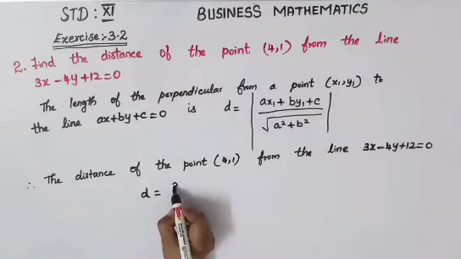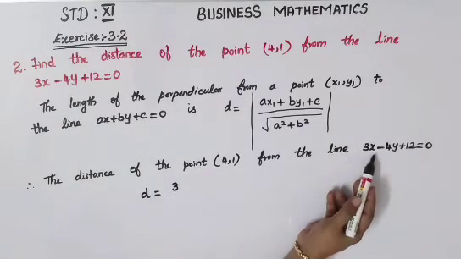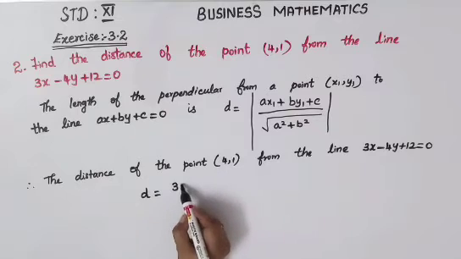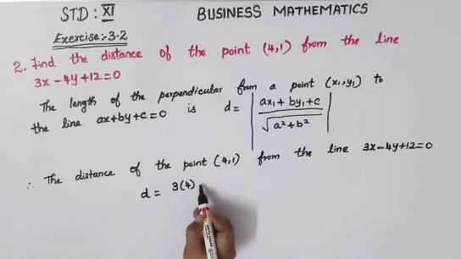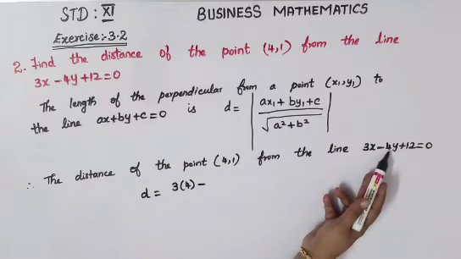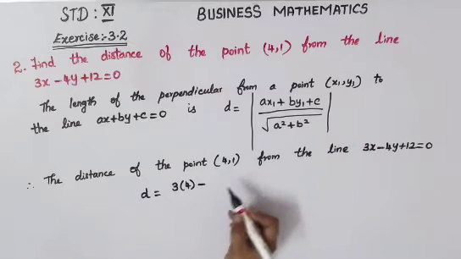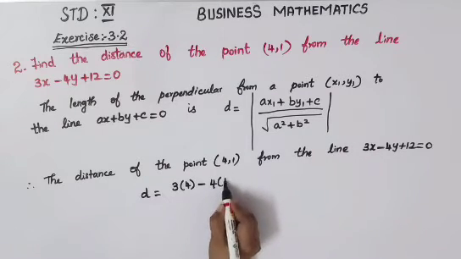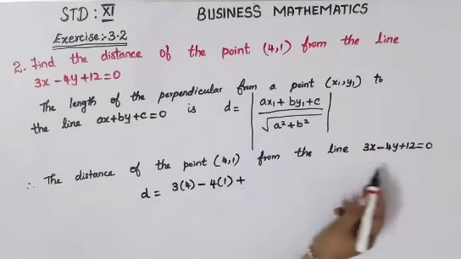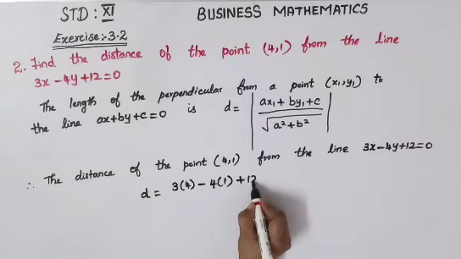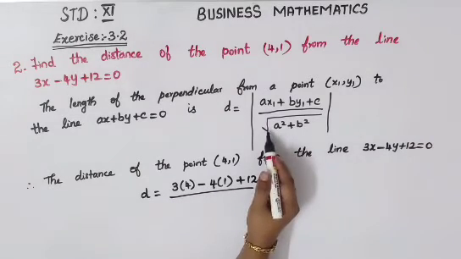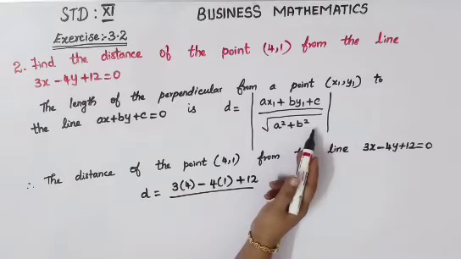So that is 3 into your x1, which is nothing but 4. So 3 into 4 minus, this minus 4 into y1 is 1, okay. So 4 into 1 plus this 12 as it is, divided by root of a square plus b square.